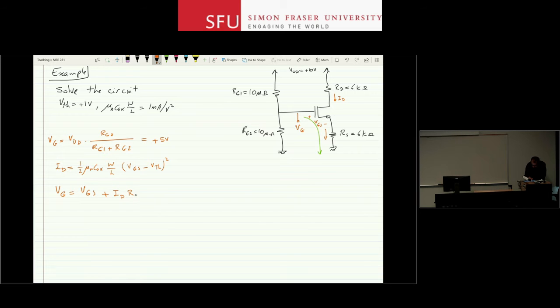Remember that the current through the source and drain are the same for a MOSFET. And the good news is that I already know VG. It's 5 volts. So I have one equation here in terms of VGS and ID, and one equation here in terms of VGS and ID, independent equations. So I should be able to solve them, and hopefully I'll find a unique answer, right? So this is my system of equations, and then I go and solve it.